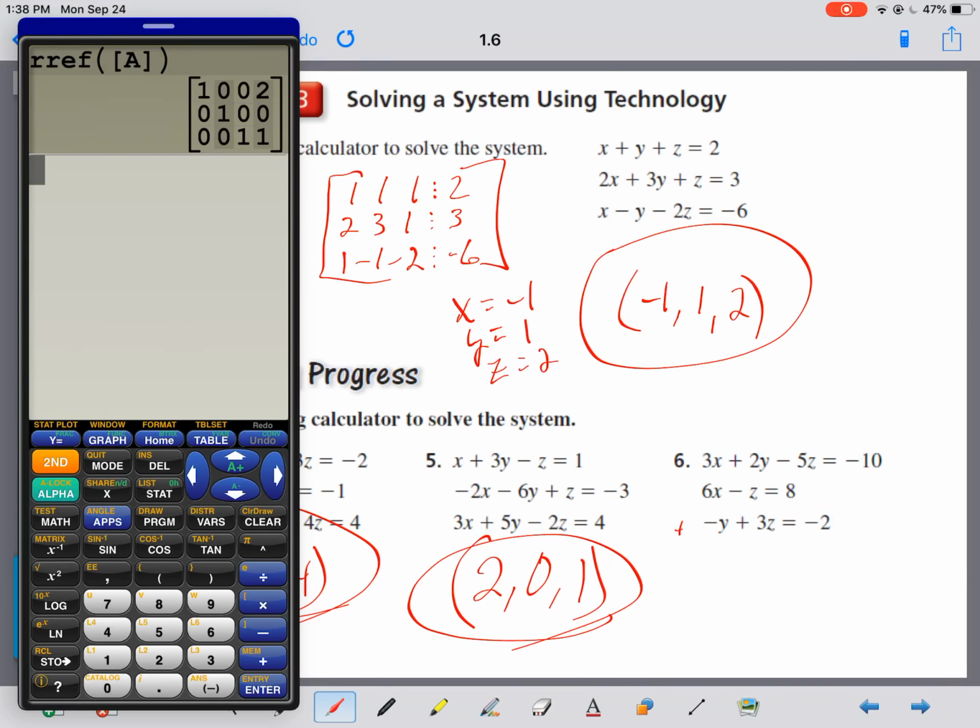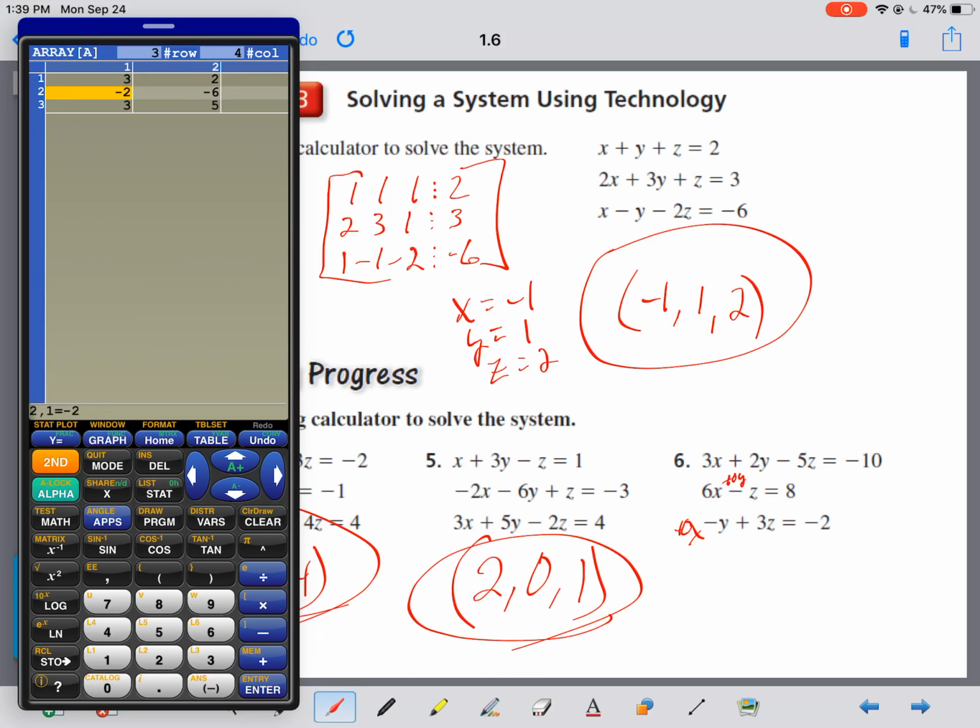So we got 3, 2, negative 5, negative 10. Did it do it? 3, 2, negative 5, negative 10. Okay, good. All right, then we got 6 X's, 0 Y's, negative 1 Z's, 8.